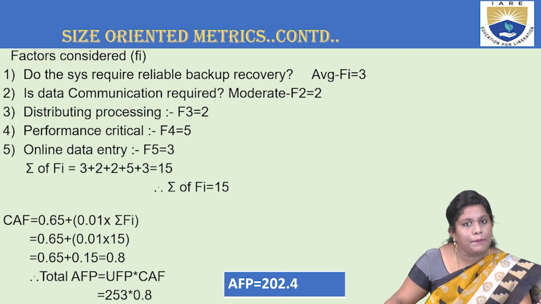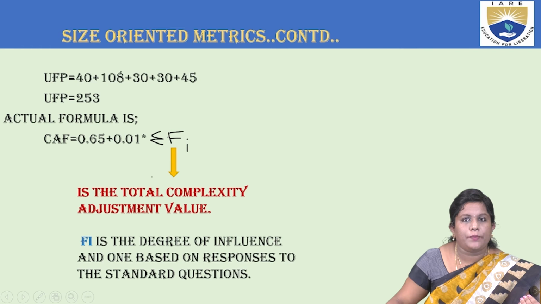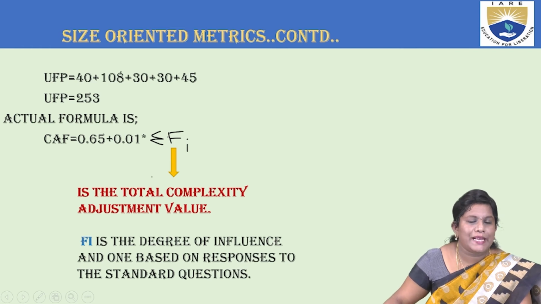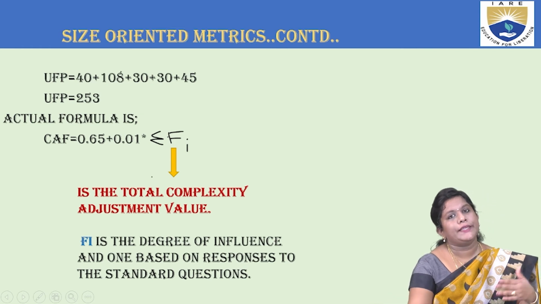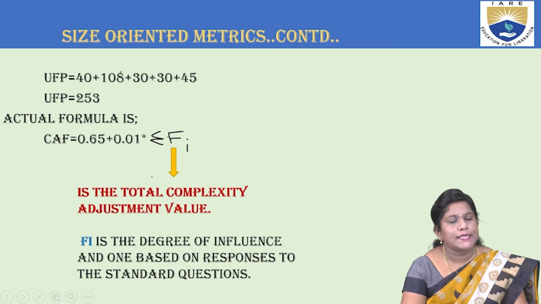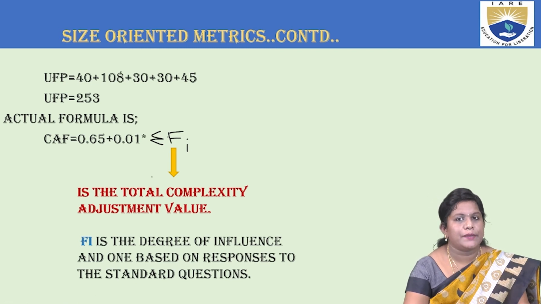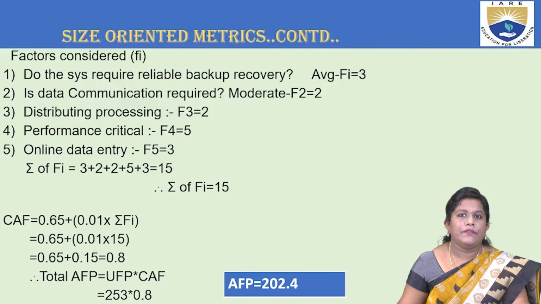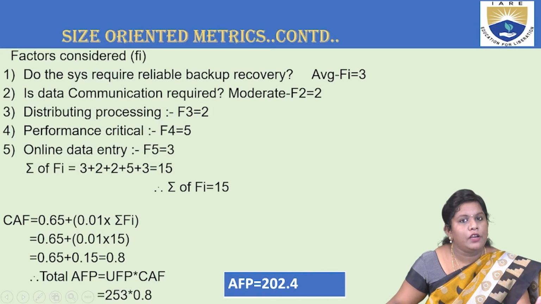So I sum up all these values and make it a summation of 15, right? So what is the formula to calculate the complexity? It is nothing but 0.65 plus 0.01 into summation of Fi. Here we have got our summation, that is 15.